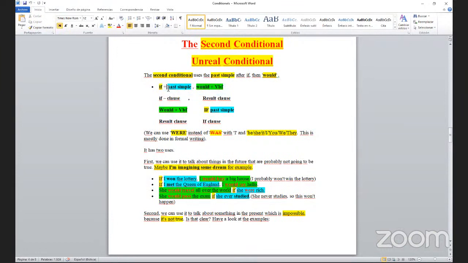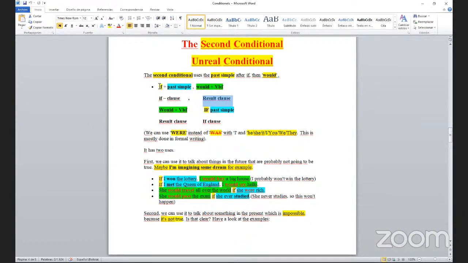If plus simple past, and in the result, we are going to have would plus verb in base form as a result clause, okay? So we can do some examples.